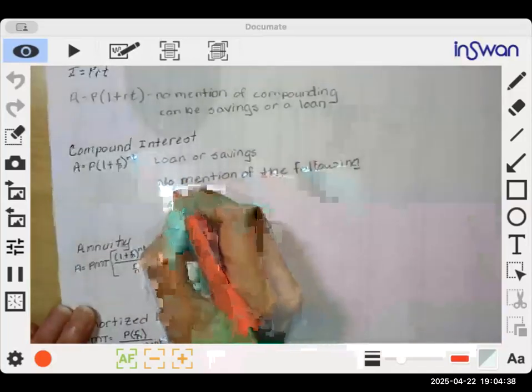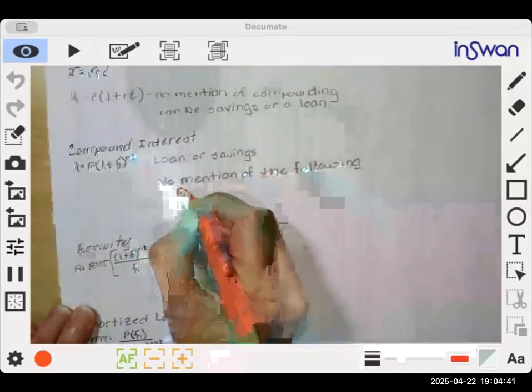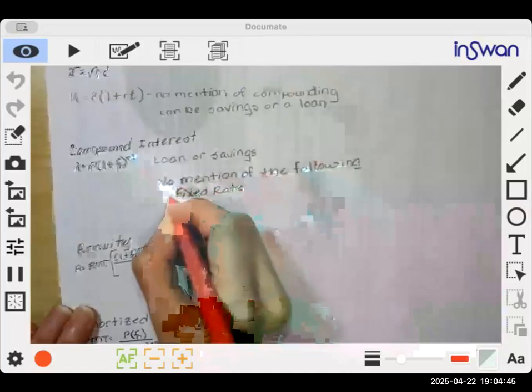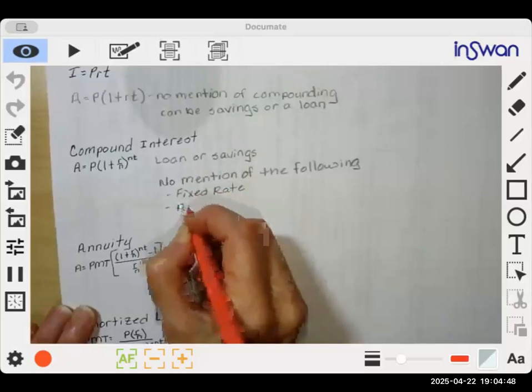If you see fixed rate, do not use this formula. If you see annuity, you do not use this formula.